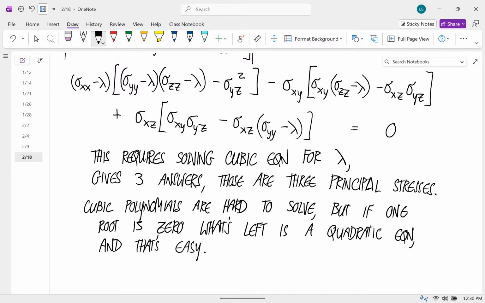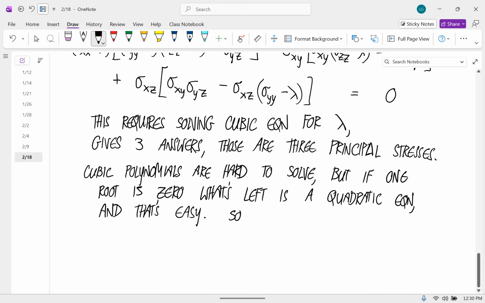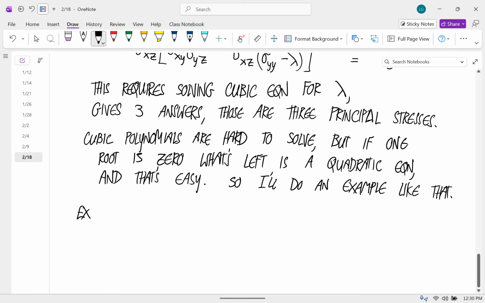Okay, so let's just go through a problem. So I'm going to do an example like that. Okay, so here is the example. I'm just going to give you a stress tensor that I happen to know has one principal stress of zero, and we're just going to solve this by hand.